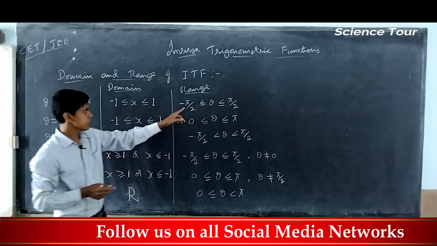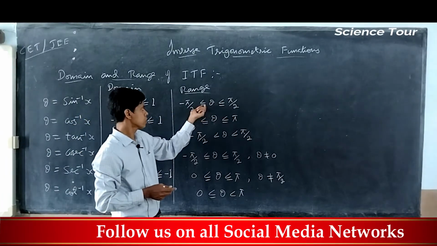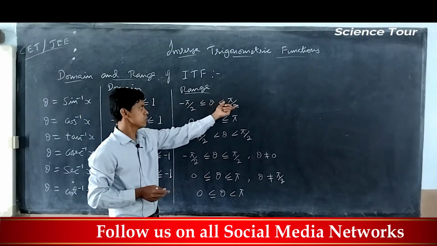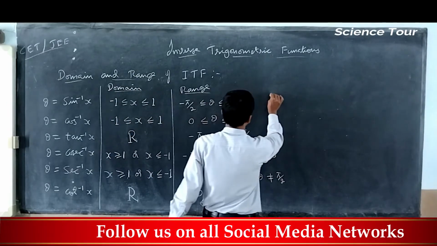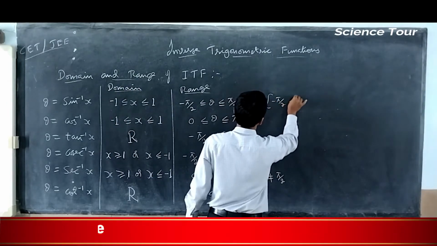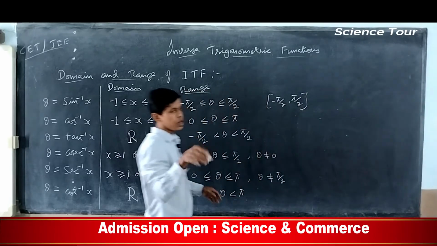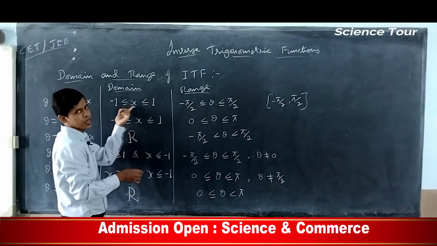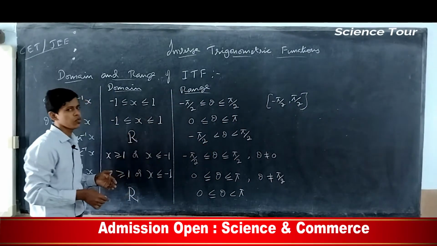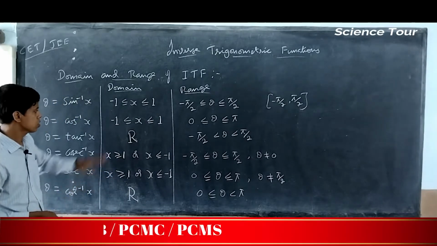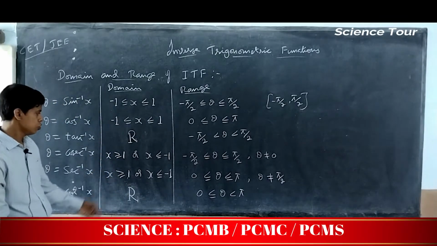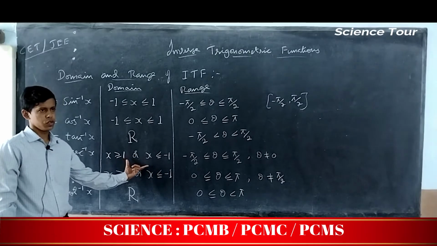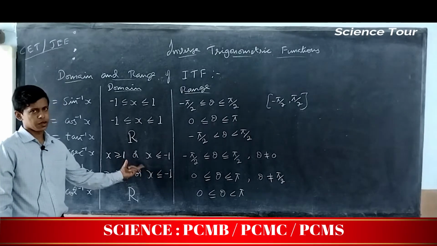The range is the principal value branch, and this is also included, so minus 90 to 90. You can write this as a closed interval minus 90 to 90, correct? Similarly, you can write this as closed interval minus 1 comma 1. That is another way of writing it. I thought this would be better for you, so you will get a better understanding here.